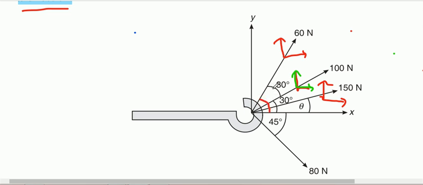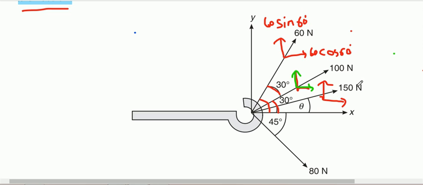From here to here 30 is there, and from here to here 30 is there. Therefore totally it is 60. So the horizontal component will become 60 cos 60. Similarly 60 sin 60 is your vertical component. So like that you have to observe the figure carefully while writing the components.